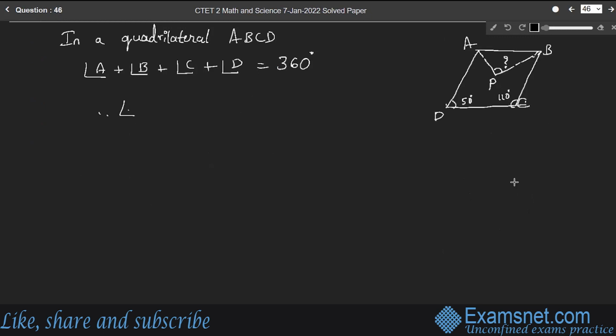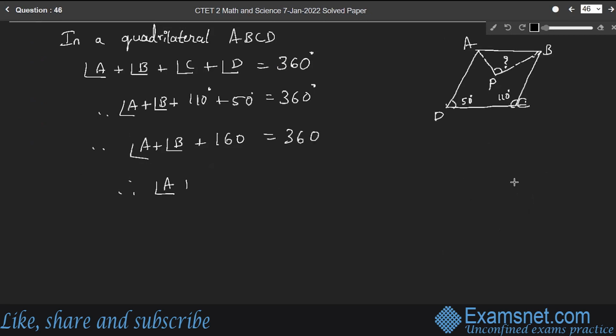Therefore, angle A plus angle B plus angle C is 110 and angle D is 50 degrees is equal to 360 degrees, right? Therefore, angle A plus angle B plus 160 degrees is equal to 360. Therefore, angle A plus angle B is equal to 360 minus 160 is 200. So consider this as equation 1.